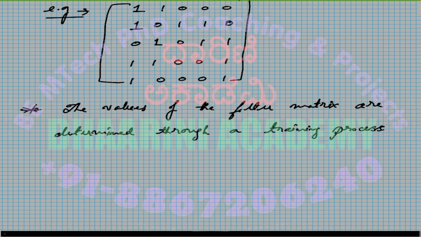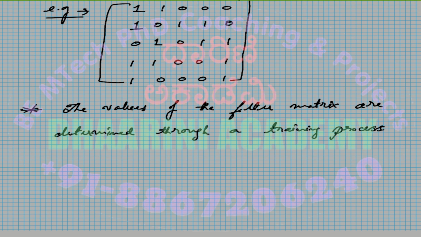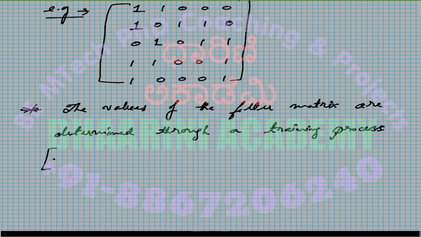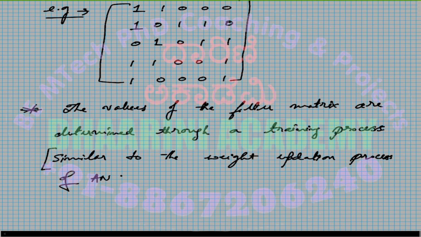This aspect is very similar to the updating process of the connection weights of an ordinary neural network. So, similar to the weight updation process of our regular ANNs.